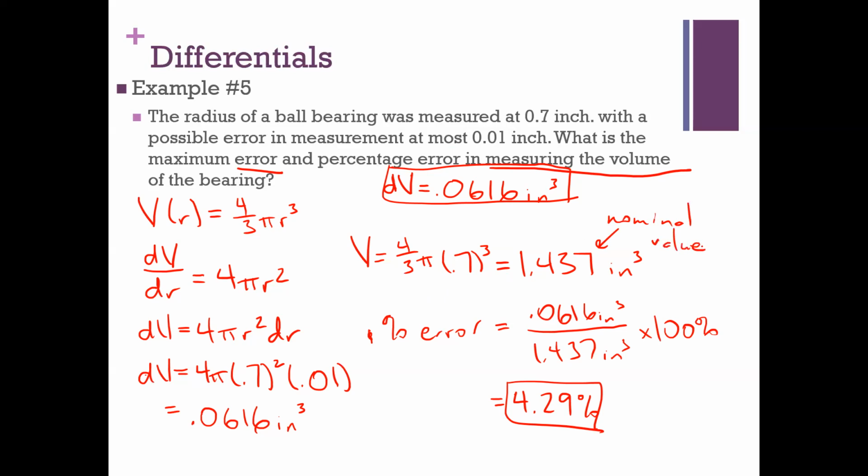This is the volume that I believe it is, assuming there's no error in my calculation. But now what I'm telling you is this. I measured this volume to be 1.437 cubic inches. Really what the volume is, is 1.437 cubic inches plus or minus 0.0616 cubic inches.